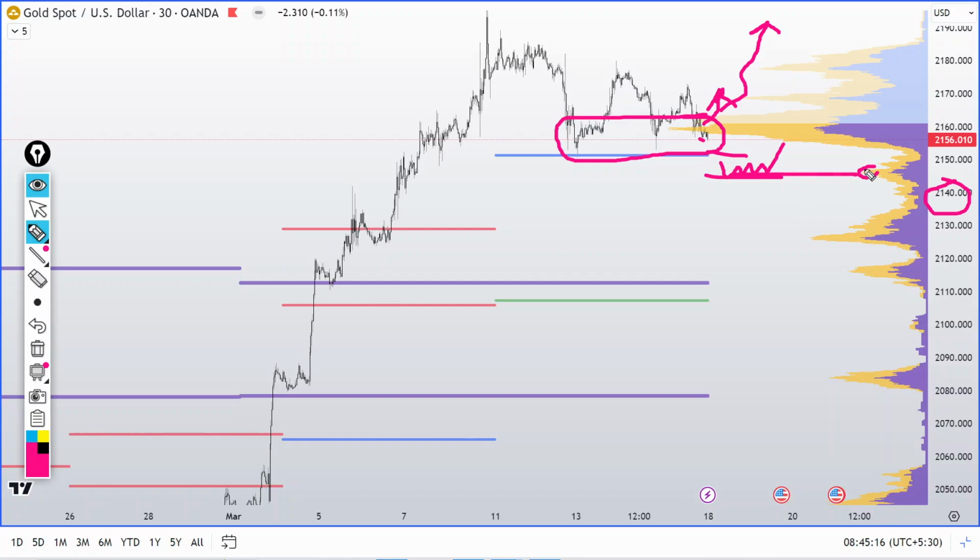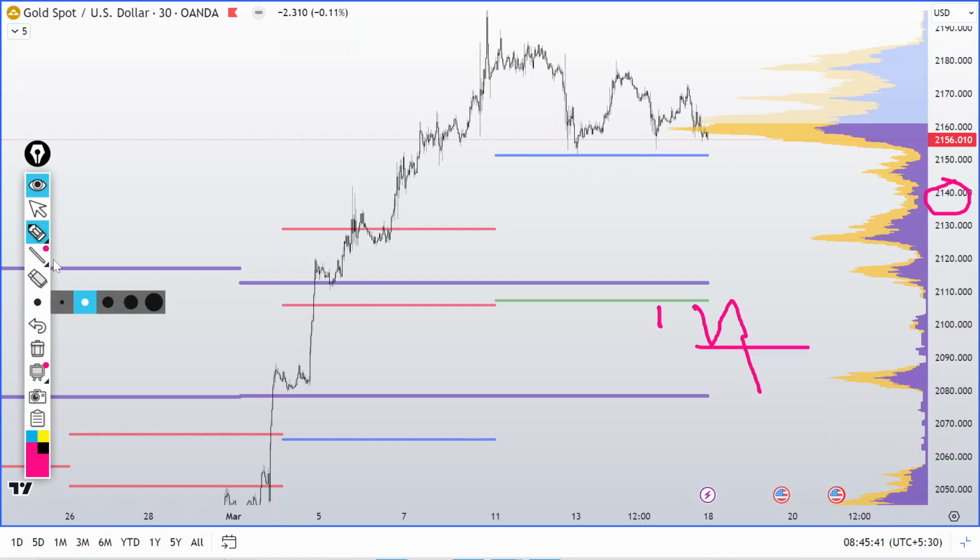Also, if price breaks down from here, suppose price does not hold at this level, then the next support is around this support area, which is at around 2125, so we have to wait for the retest near this level, and then we can take buy and sell opportunities accordingly, right over here, this level.